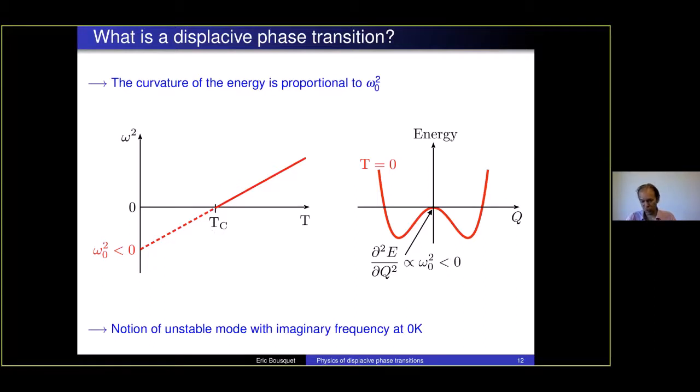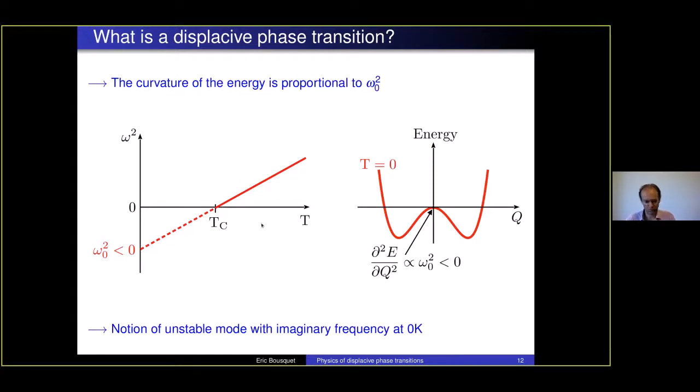I mention that because it's often the main question when experimentalists are facing a theoretician doing the calculation. They ask, but you do a 0 Kelvin calculation, how can you connect with the high temperature? It's a bit artificial, but we can still make some prediction at higher temperature, even if we are doing the calculation at 0 K. We can extract some information.